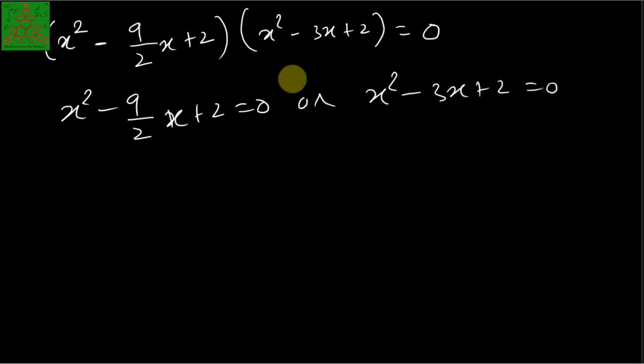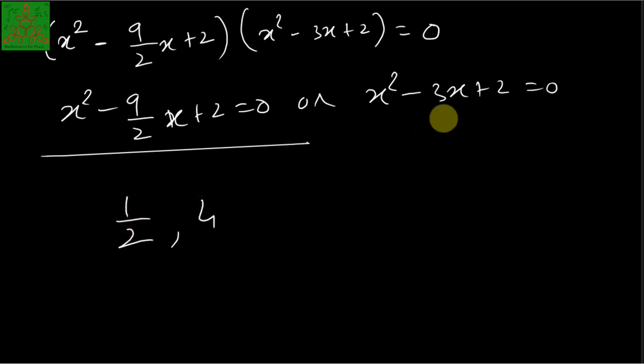And if you solve these quadratic equations by the formula minus b plus or minus square root of b square minus 4ac upon 2a, this will give you two roots, that are 1 by 2 and 4, and this will give you two roots, that is 1 and 2. So altogether the roots of the given equation are these 4.